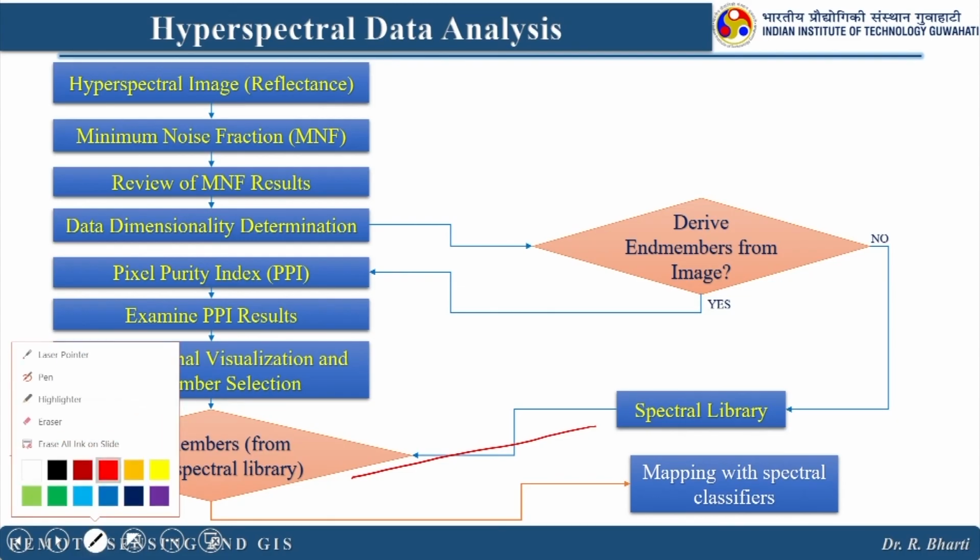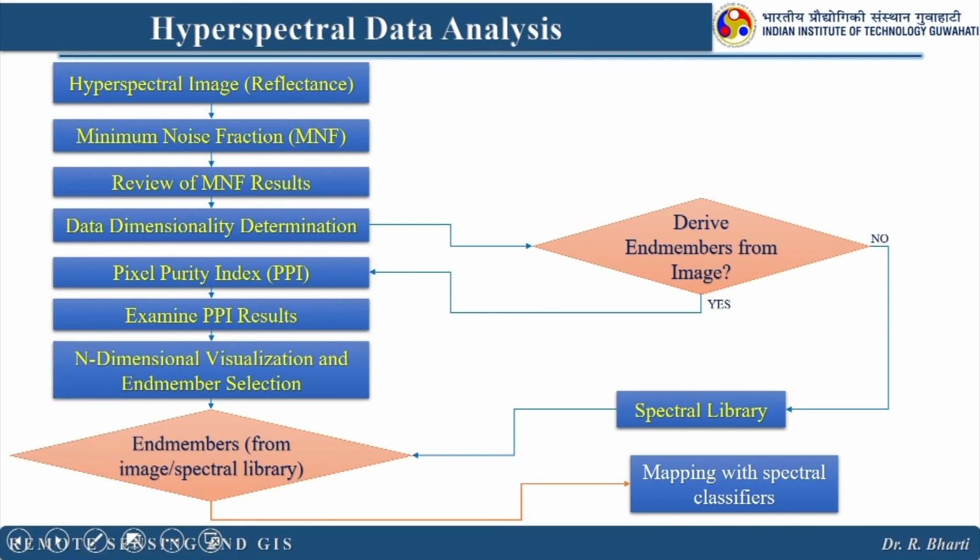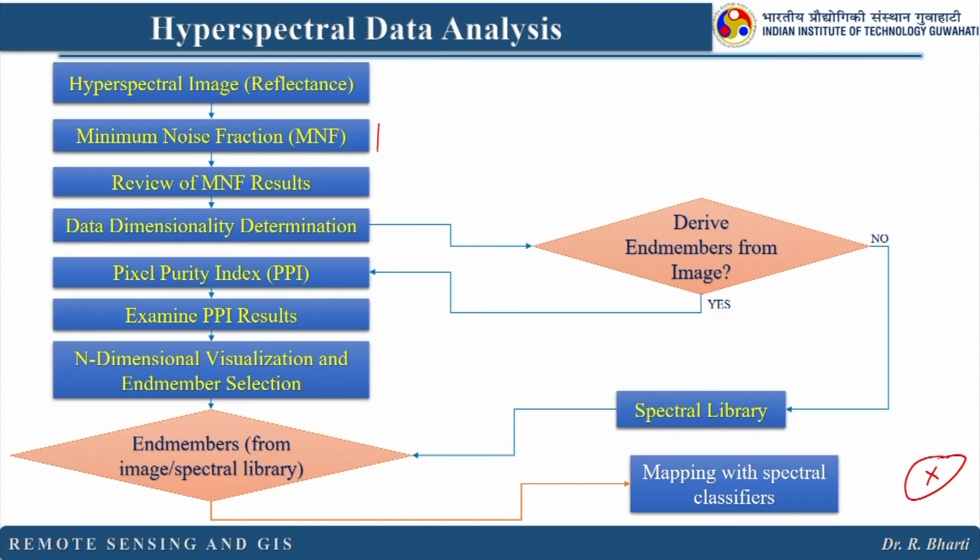So, I will just summarize this flow chart. Here basically I want to identify a particular target X, right. For that we have captured hyperspectral data, and in this case let us consider Hyperion data we are using here, and we have converted that Hyperion data into reflectance, and then afterwards I have reduced the data dimensionality using minimum noise fraction.